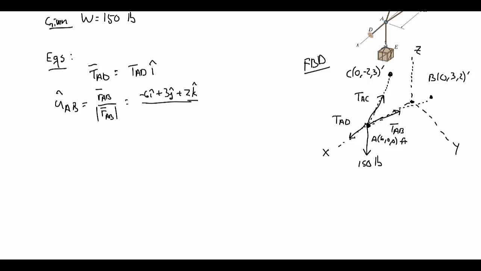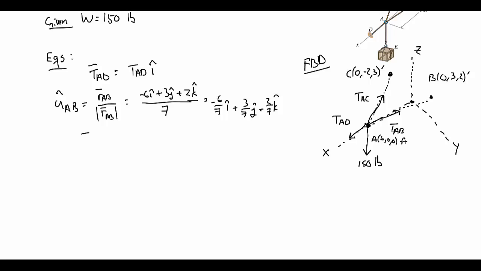That's going to be 6 squared is 36, plus 9 plus 4 is 49, and the square root of that is 7. So this one, the numbers worked out nicely so that I have nice round numbers. So that's negative 6/7 i plus 3/7 j plus 2/7 k. That is the unit vector going from A to B.